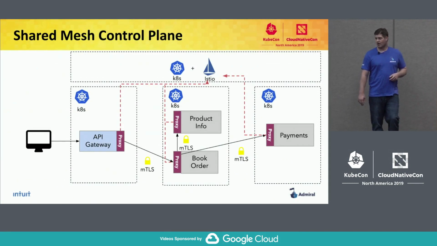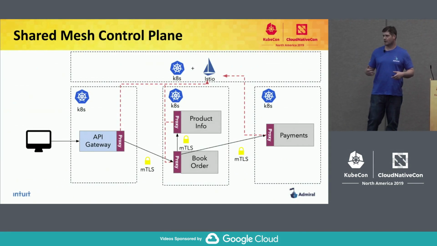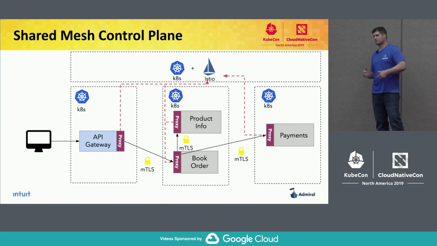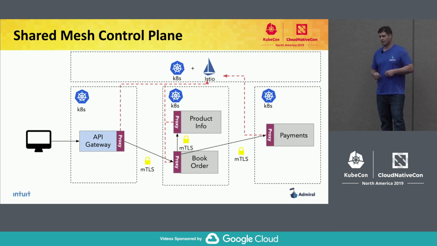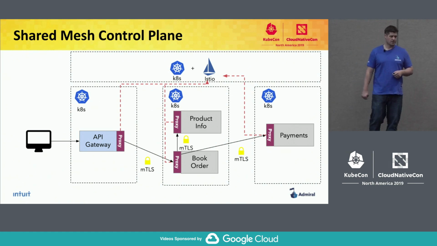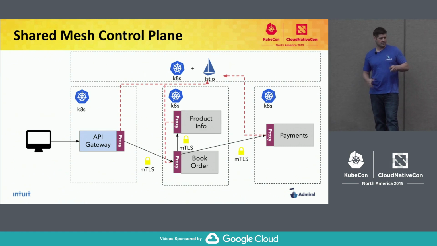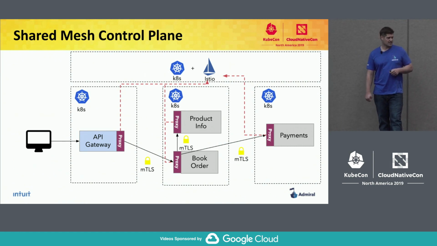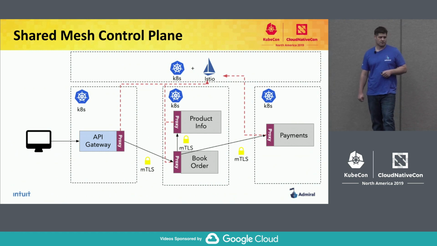So looking at these requirements, we started to look at what's available in Istio to map these requirements onto it. Istio has a lot of different multi-cluster functionality, and there's a lot of good stuff there to connect things. The first one we looked at was using a shared control plane. In this topology, we can see with these red lines, all the proxies connect up into one shared control plane between all the clusters.